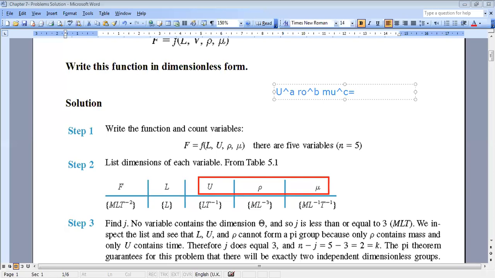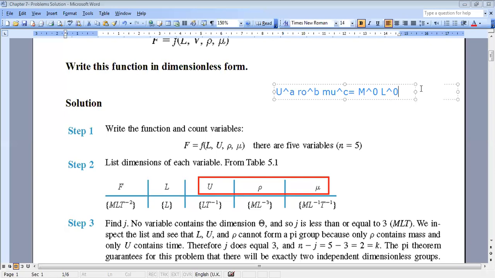To form a group, what should the result be? I should obtain a dimension M to the power 0, L to the power 0, and T to the power 0, because to have a group, the dimension should be 1.